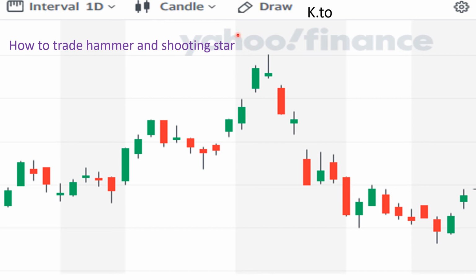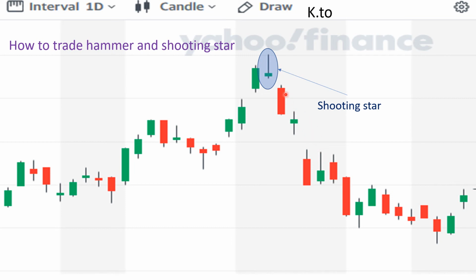Now at the top of this uptrend, you see a big and strong shooting star that is characterized as a strong bearish power, or the presence of strong sellers in the market. Here we can conclude that this uptrend is slowing down or near its end, or the price is reversing.